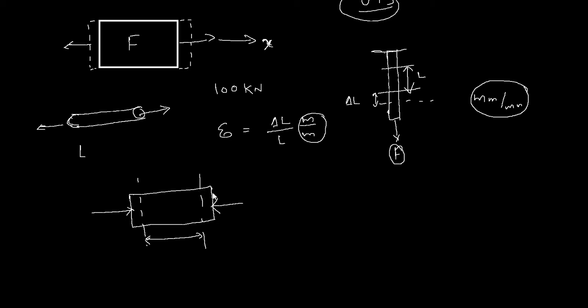So in every case, if there is a contraction or an extension of one dimension, the opposite change will happen in another dimension. And when we analyze complex shapes, we will come to know that there are different expressions for strains along different axes.